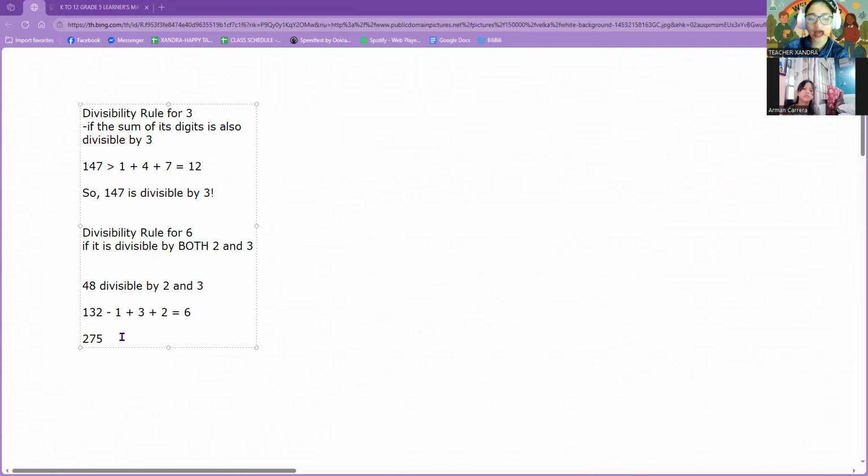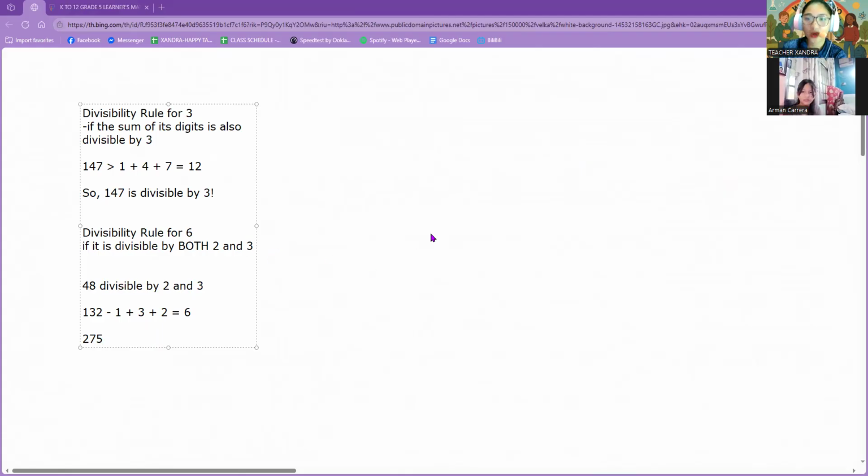And then when you add 2 plus 7 plus 5, what is the sum? 14. Is 14 divisible by 3?